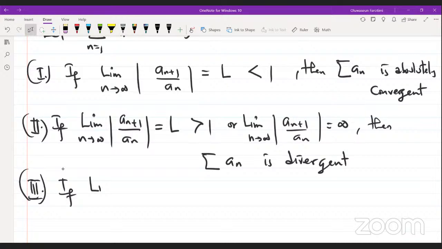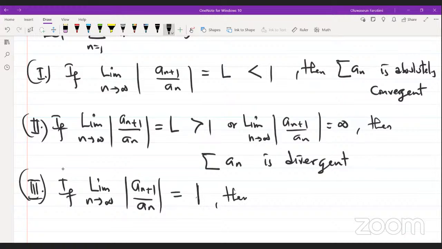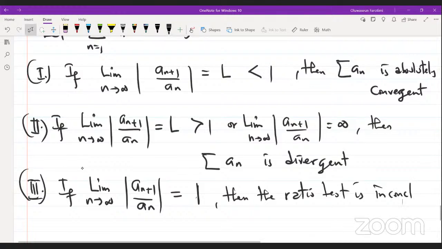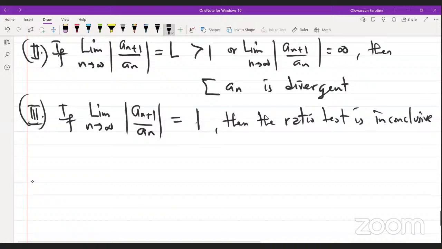Now, there are times when some tests would not work, when we say they are inconclusive. If this guy gives me 1, then the ratio test is inconclusive. So that means you have to think about another test to use. That means the ratio test is not the way to go.